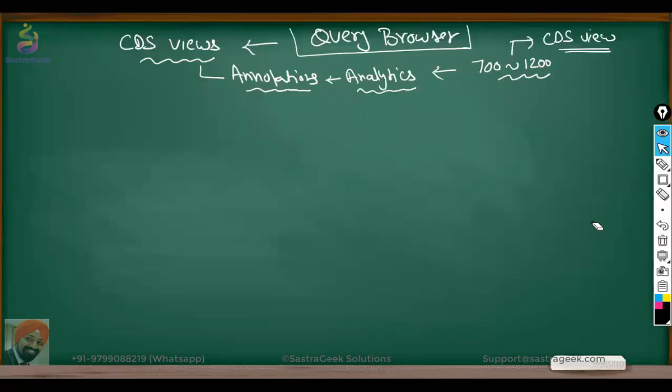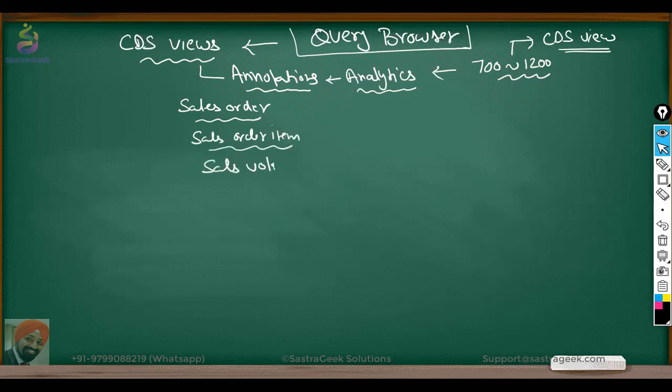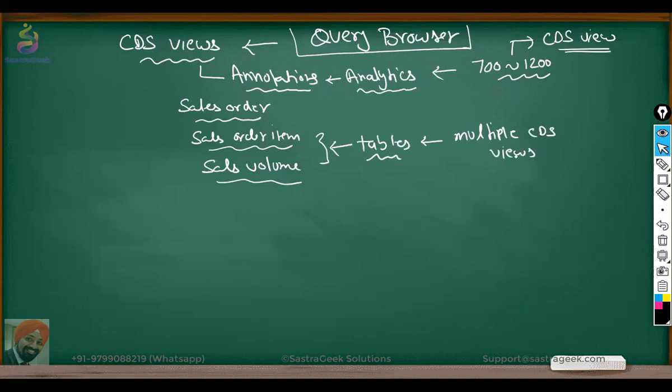These CDS views can come from one table or multiple tables, where sales order related details can be given, sales order item details can be given, or sales volume can be given, which can be a combination of multiple tables. It can combine multiple tables, or it can combine multiple CDS views to generate that for you.